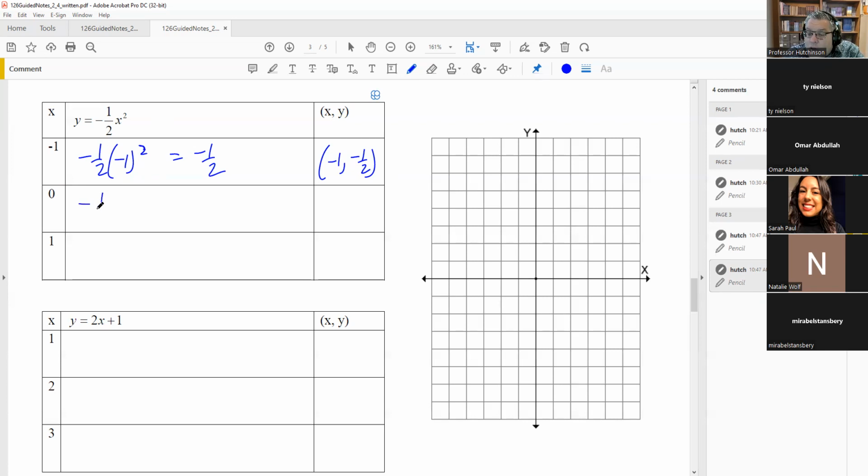Let's do 0. So I have 0 squared. That whole thing is going to just give you a 0. So 0, 0. It goes through, and then I have a 1. So 1 squared equals -1/2. So I have 1 and -1/2.